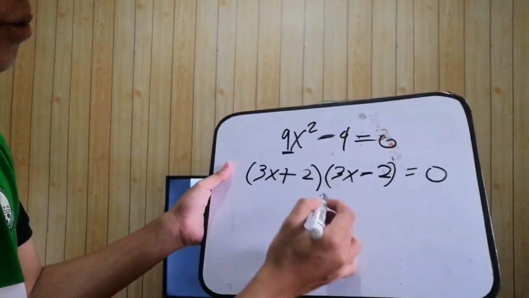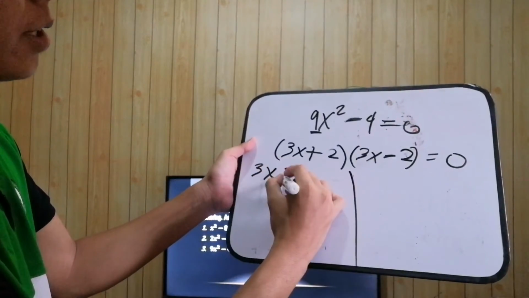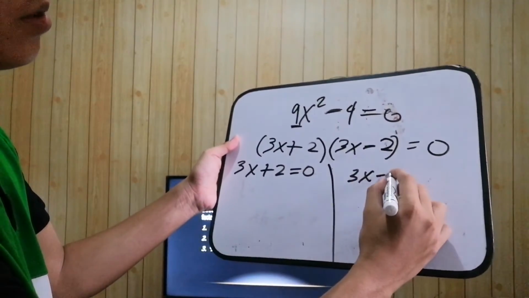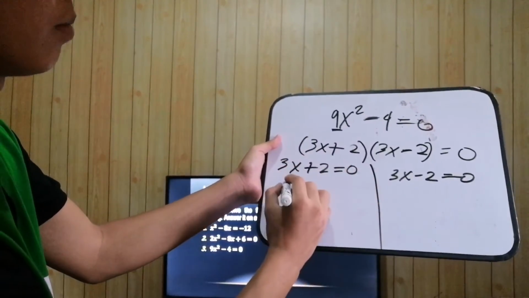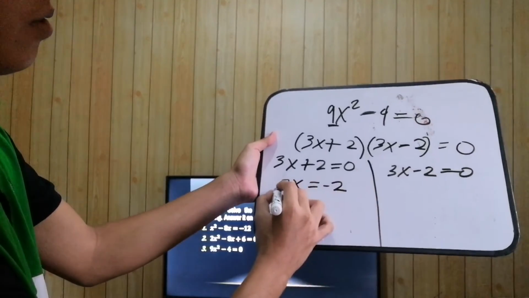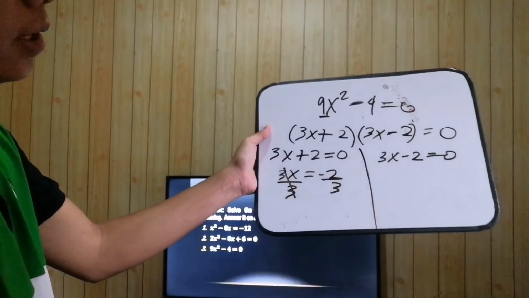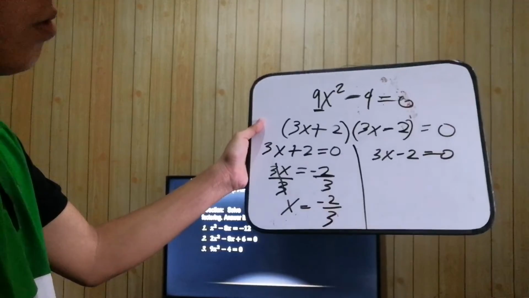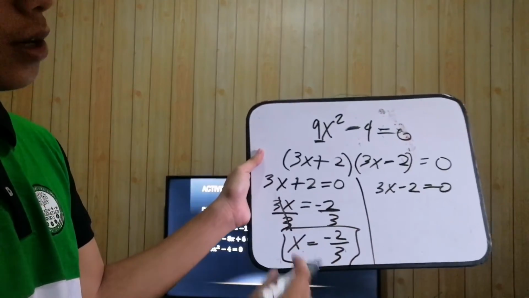So, equate 3x plus 2 to 0, 3x minus 2 to 0. Okay, do additive inverse. 3x equals to negative 2. Divide both sides by 3. Cancel. Now the answer is negative 2 thirds. Yan yung unang solution natin, value ng x natin.